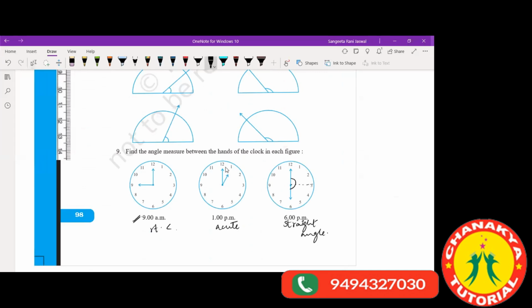Do you have a protractor in your hand? Show me. Make an angle of 40 degrees in your notebook. Then make an angle of 90 degrees. Then make an angle of 120 degrees. Please make these three angles using the protractor: 40, 90 and 120.